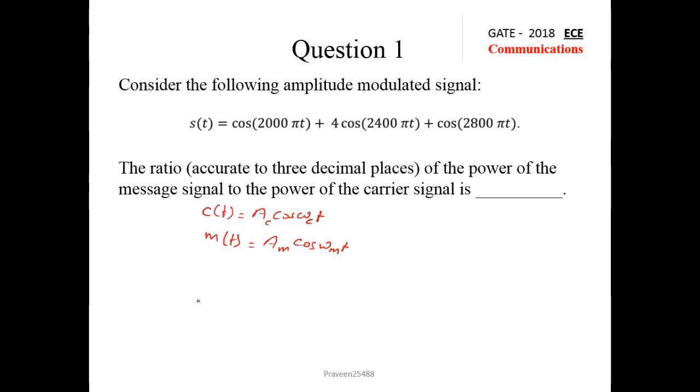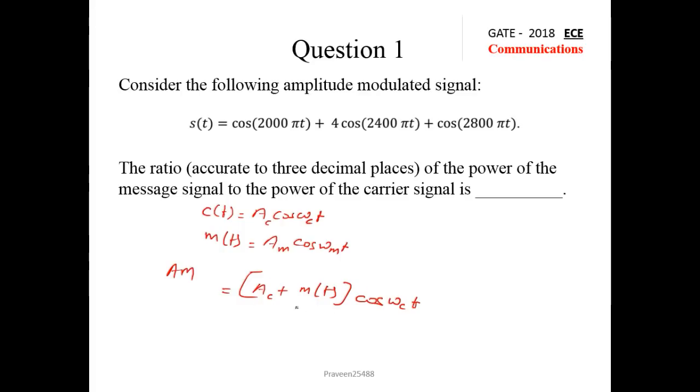So here we can write the AM signal as (AC plus m of t) cos omega c t. Amplitude modulation is nothing but the amplitude of the carrier signal being varied in accordance with the message signal, while phase and frequency are constant.